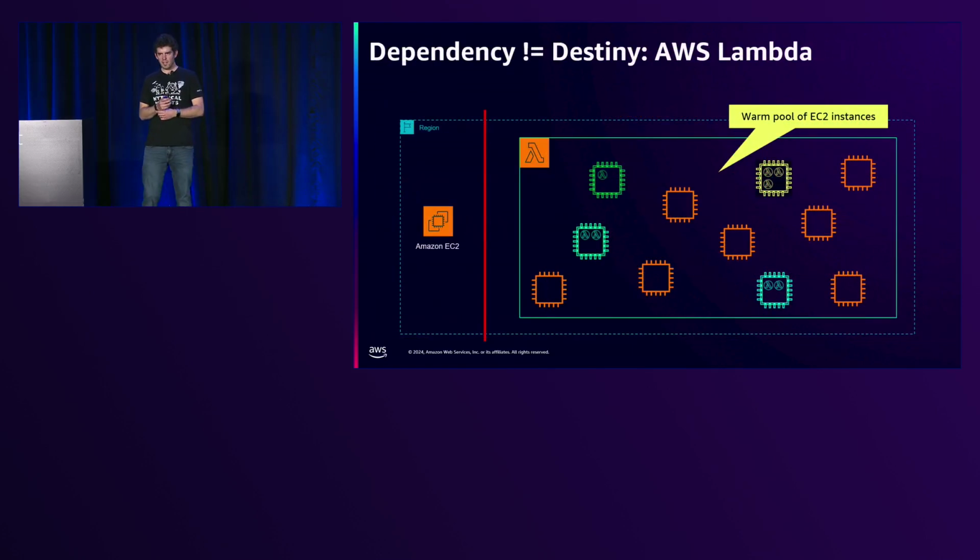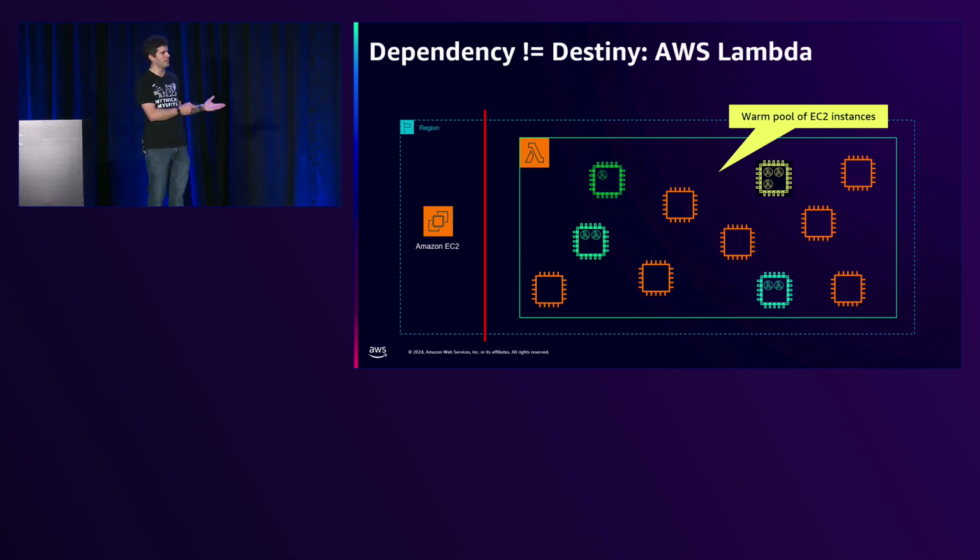Take an example from the Lambda service, which is all about already having the capacity that they believe they need provisioned in a warm pool of EC2 instances, and the mechanism for provisioning a new customer environment does not depend on launching a new instance in real time. Every time a new customer creates a Lambda function or we need to provision a new environment for them, we're not just invoking that launch instance API in real time to create it for them.